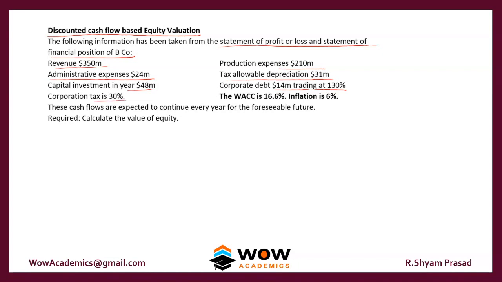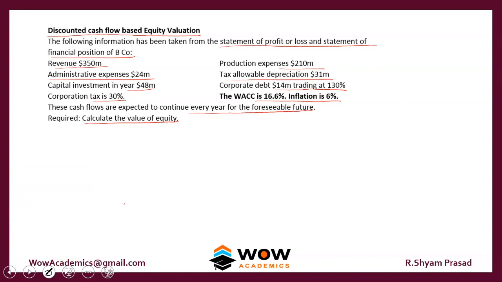Corporate tax is 30%, WACC is 16.6, and inflation is 6%. Okay, so these cash flows are expected to continue every year for the foreseeable future. So the same number is going to occur for a long number of years. Our job is to find out the value of equity.